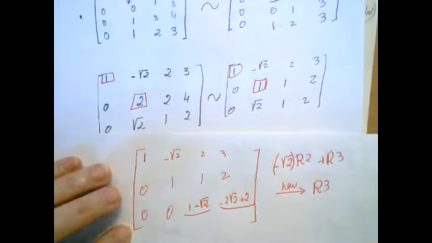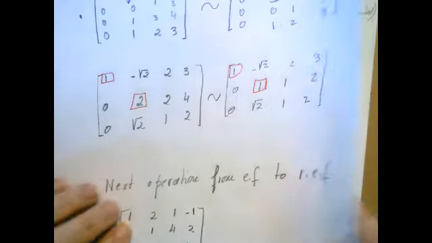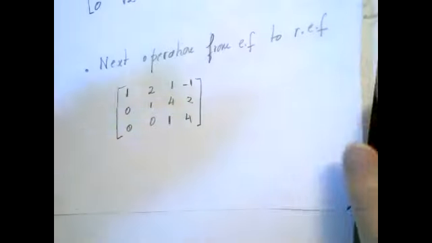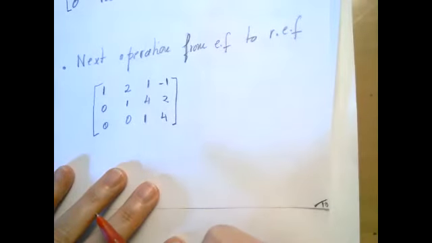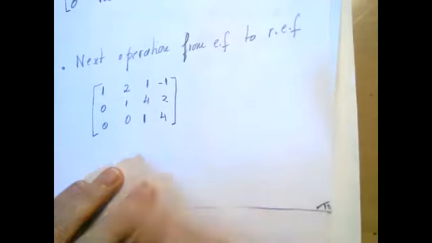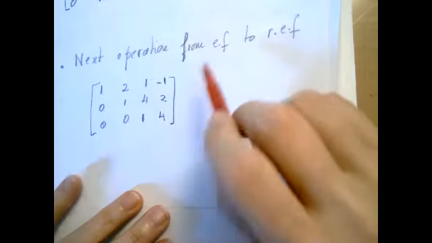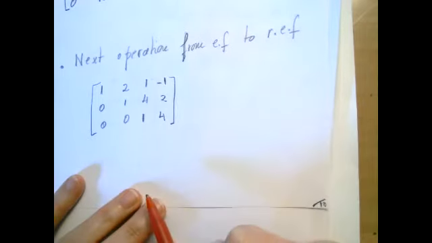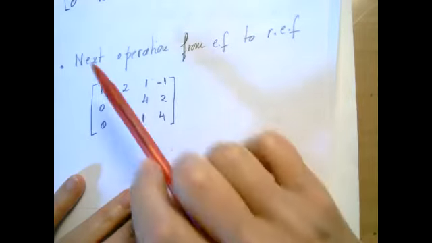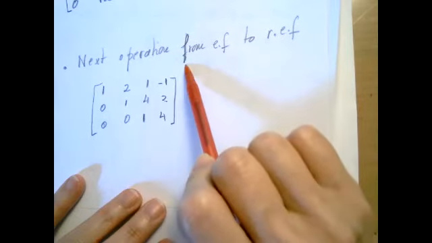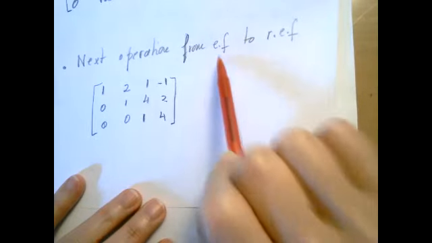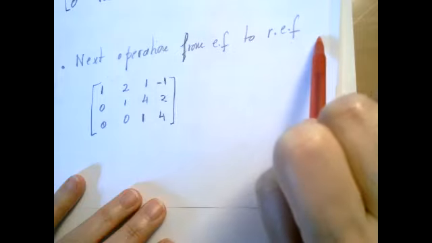Okay, my last question before we go is this. To go to the reduced echelon form, first you go to the echelon form. Once you go to the echelon form, that should be the first step, and then from it you go to the reduced. So now my question to you is, what's the next operation from the echelon form to the reduced echelon form?